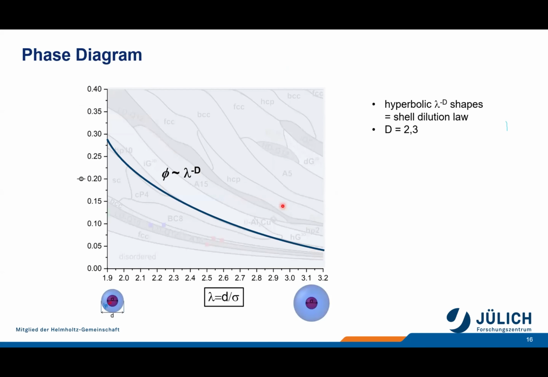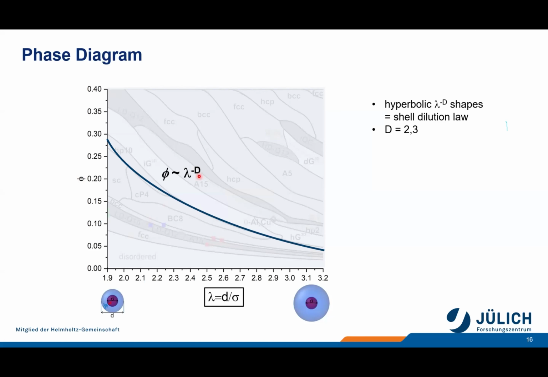And then we get a phase diagram, and the phase diagram is parameterized in terms of lambda. So on the x-axis, lambda around 2 would mean the diameter of the shell and the core are the same. And if lambda gets larger, you have cores with quite a large shell. And on the y-axis, you have the volume fraction of the cores. So that means at the lower left, you have a dilute solution of micelles that don't touch or overlap.